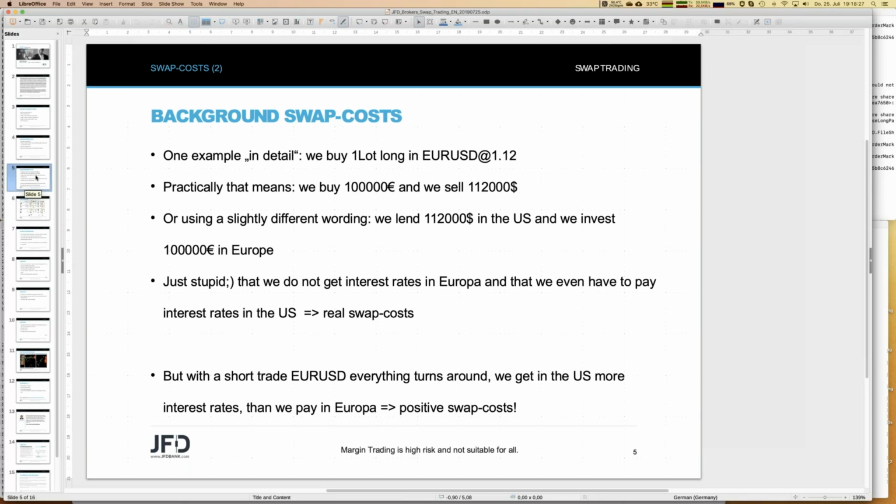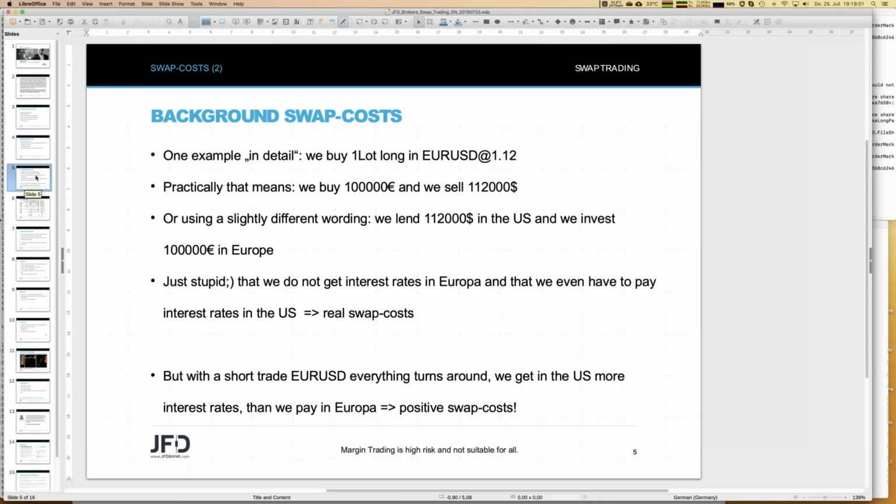One conclusion is quite obvious. For example, if in two countries, in two regions, the interest rates are more or less at the same level, and you know that lending money is always higher than investing money, then even a long and a short trade would both have real swap costs if the interest rates in the two regions are more or less the same.